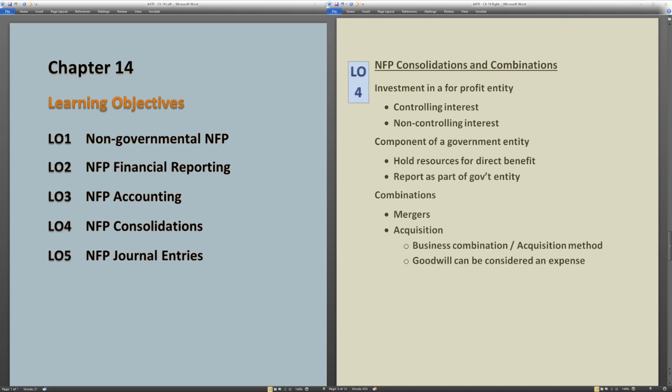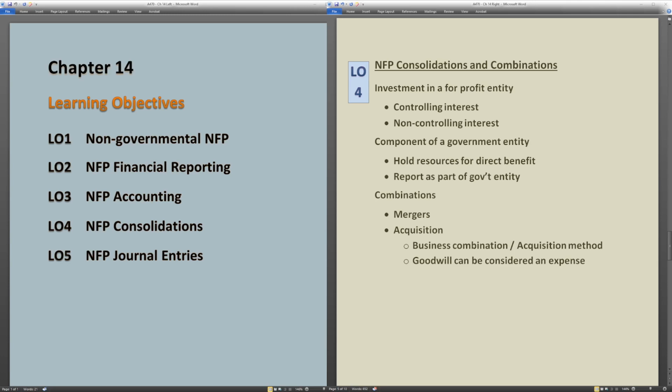Sometimes a not-for-profit is a component of a government entity. In other words, it is created for the purpose of holding a resource for the direct benefit of the government entity. The example that we have here is public universities, those are government entities, which create not-for-profit entities specifically for maybe endowments.